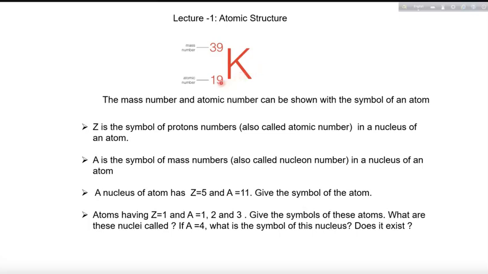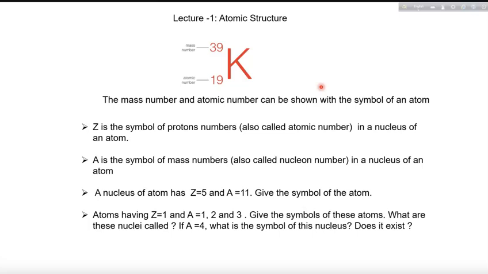But if A is equal to 2, we write 1 here and 2 here. That becomes also a nucleus of hydrogen having mass number 2. Similarly, we can have a nucleus of hydrogen having mass number 3. And these we call the isotopes of hydrogen.